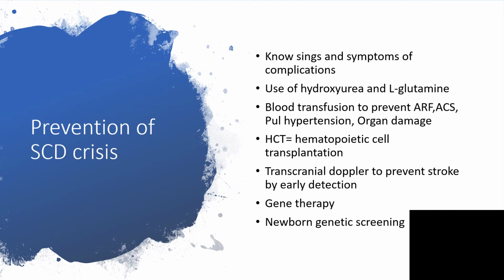Hematopoietic cell transplantation, if you are seeking cure, is available in advanced centers. Transcranial doppler to prevent stroke, and that will help by making early detection of such. Gene therapy, and of course, newborn genetic screening so that you can embark on intervention immediately.